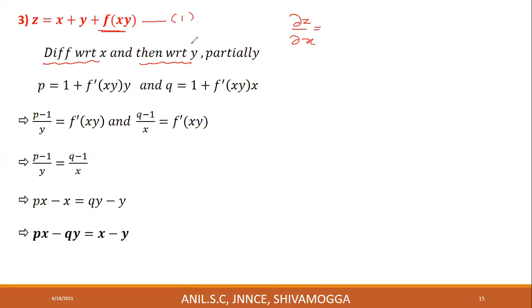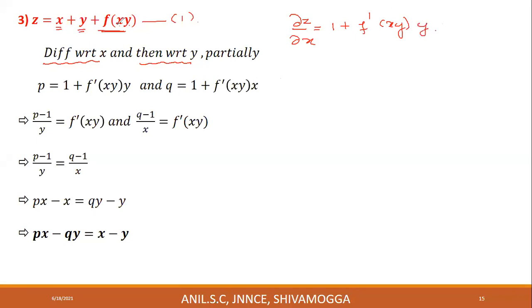This is equal to the derivative of x partially with respect to x, which is 1, and y is to be treated as constant, so its derivative will be 0. The derivative of f of xy is f dash xy into the derivative of xy partially with respect to x. Y is constant, keep it as it is.